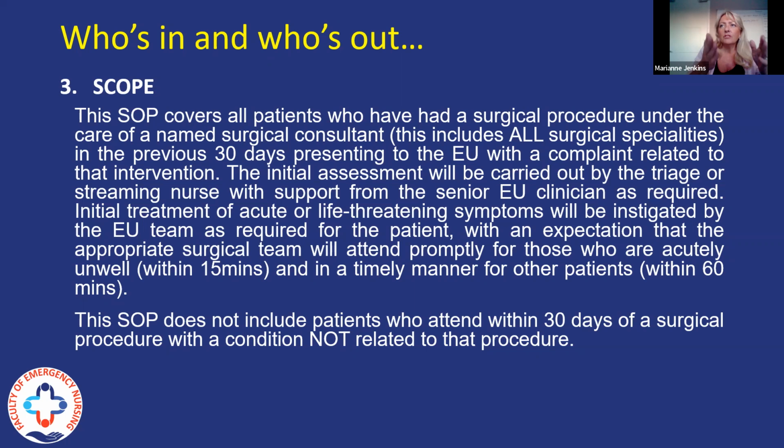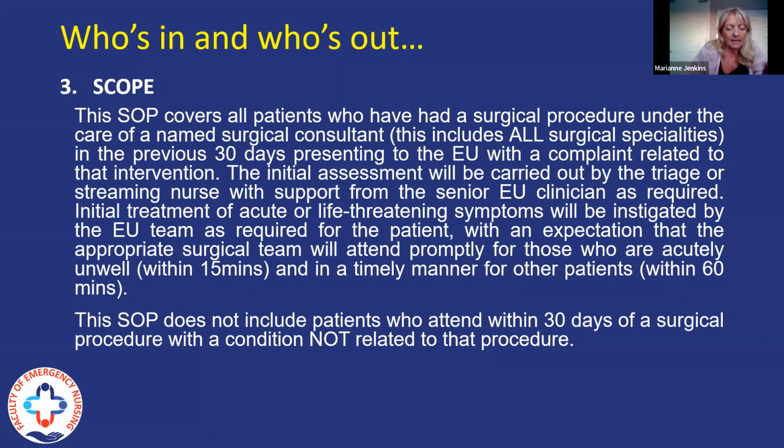And what we're saying in the emergency department is that we're going to do our normal assessment. At triage, our nurses can figure out, or our streaming nurse who often supports that process when there needs to be referral on to specialities directly, they can make that assessment that this is a complaint the patient has reattended with that is related to the surgical intervention that they've had.